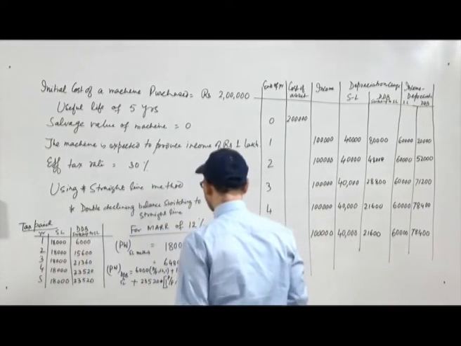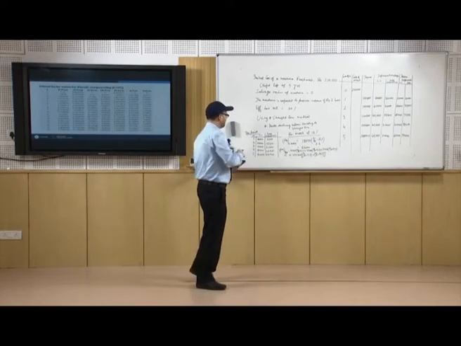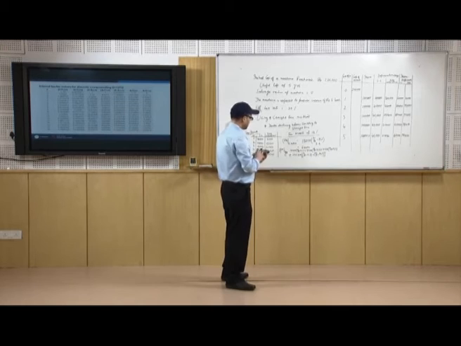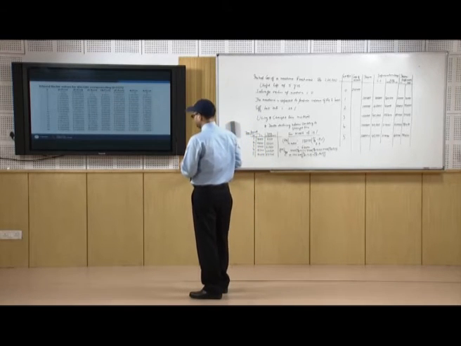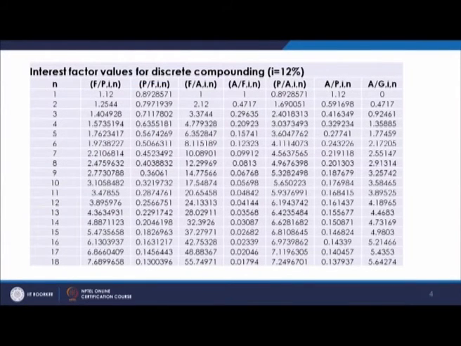Now, we have to compute these values. P by F 12.1 is 0.893.